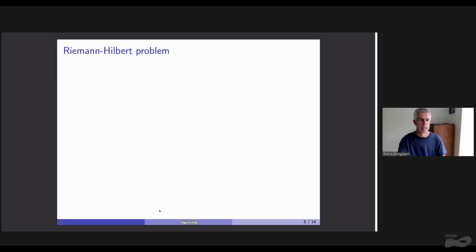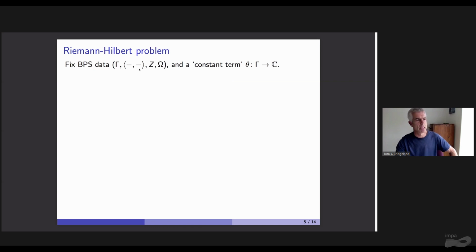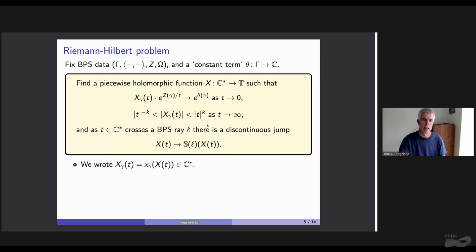Okay, so then what's the Riemann-Hilbert problem? So I'm going to fix data as above. In other words, I fix the stability condition, and then I have this data. And I also have to fix a constant term, which I'll explain in a second. So for now, it's just a map from gamma to C. And then the Riemann-Hilbert problem is asking for some piecewise holomorphic function from C star into this torus.